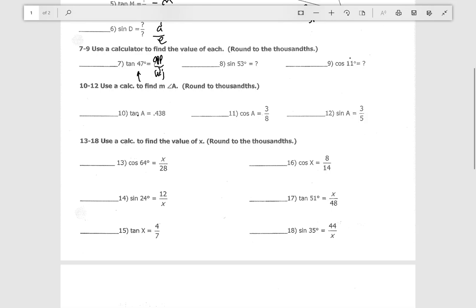What that might look like is, if you have a triangle, and these aren't drawn exact, with a 47-degree angle, the opposite side and the adjacent are going to have a particular ratio, which we'll use the calculator to figure out. I know that's the exact ratio for that angle.